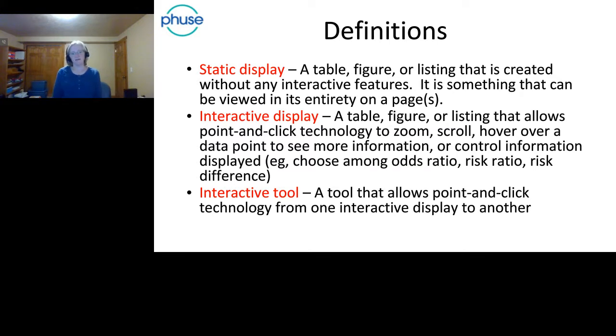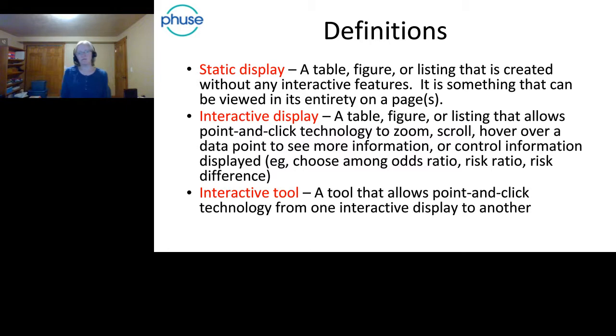So one way to get past this debate is to create an interactive display and allow the user to choose among a predefined set of statistics. Now that is different from an interactive tool that goes beyond that, where it's point-and-click technology and you can move from one display to another. You could choose certain things and have a reanalysis, with software behind the scenes to conduct the reanalysis.